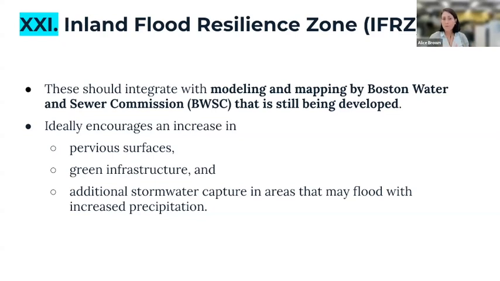However, we are waiting for the Boston Water and Sewer Commission model to be fully developed. So there's not a map yet that goes with these regulations, and we recognize that that may make it harder to consider the long-term ramifications for this, but we've outlined what we believe are the best regs we have with the future model that will come out.